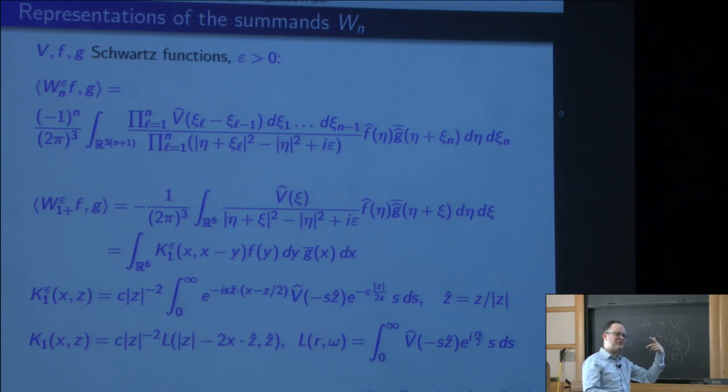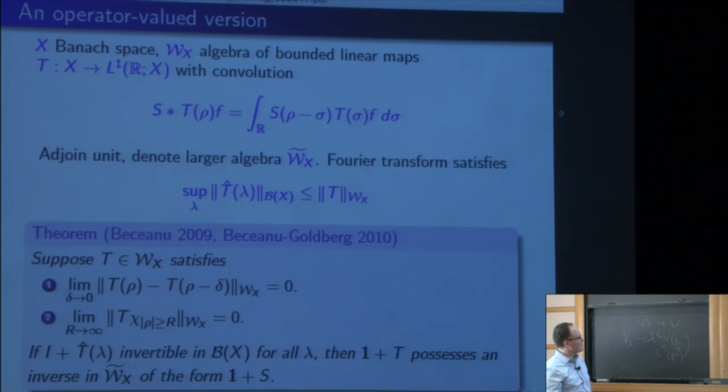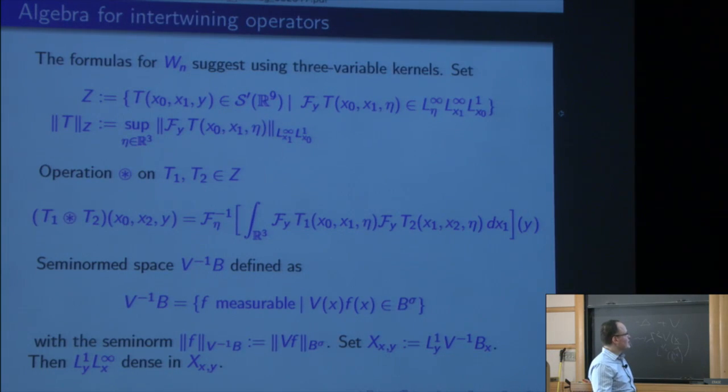To do that, you need to introduce a third variable, which in this formula happens to be 0. So you have psi minus 0 sitting there.